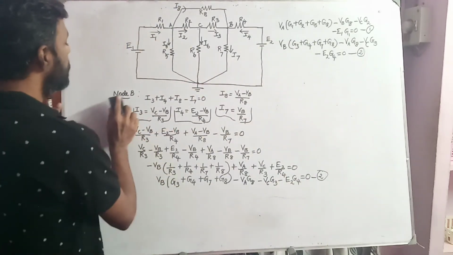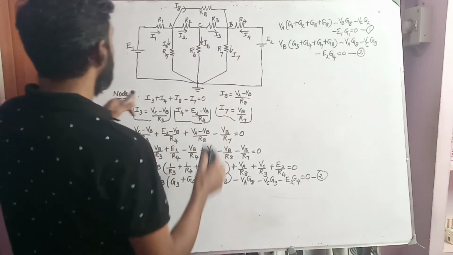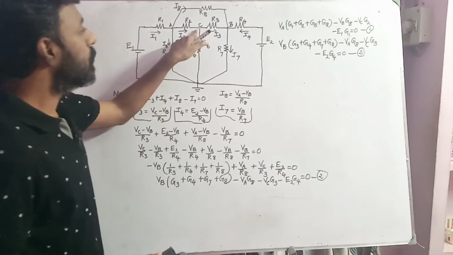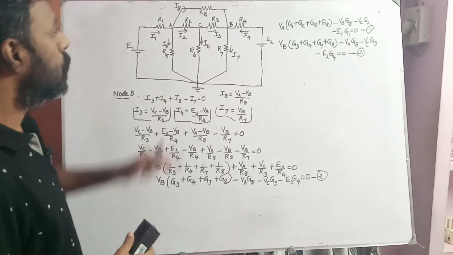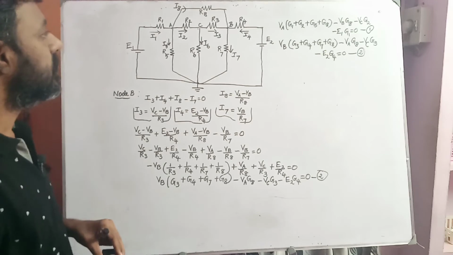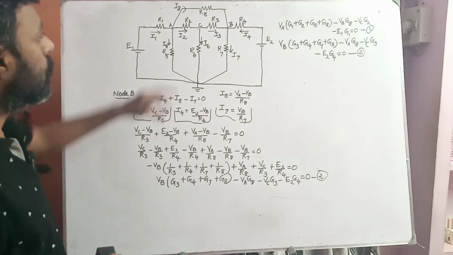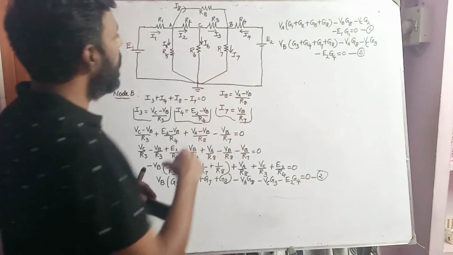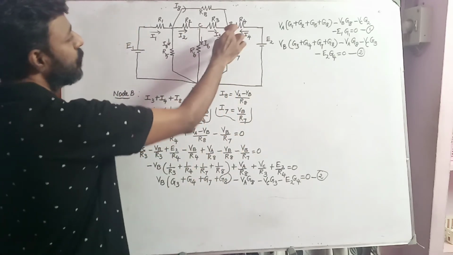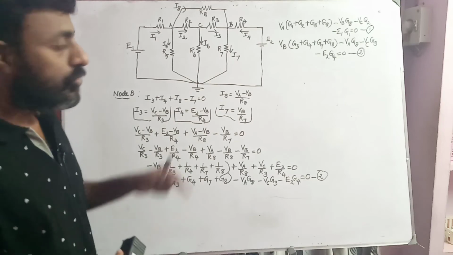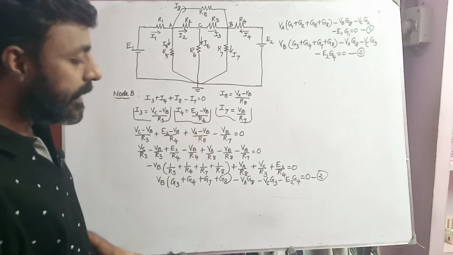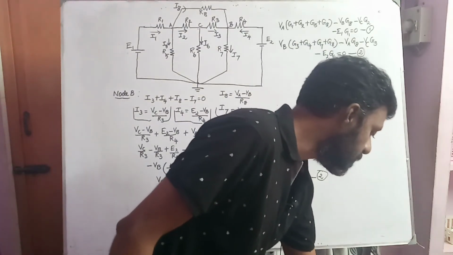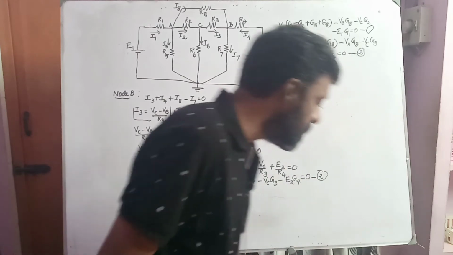Now let us consider node B, which we have considered. Now we need to consider node C. How are we going to consider node C? Already we have 4 different nodes, 1, 2, 3, 4, so we will be getting 3 different equations.